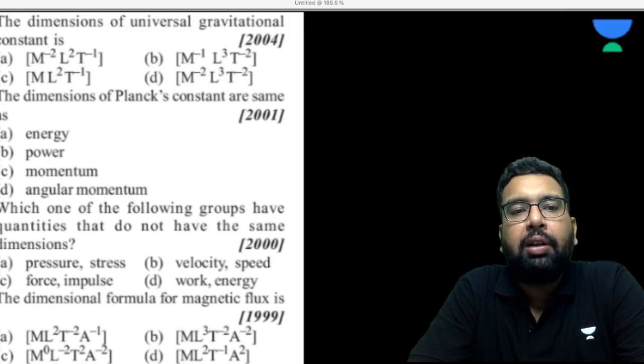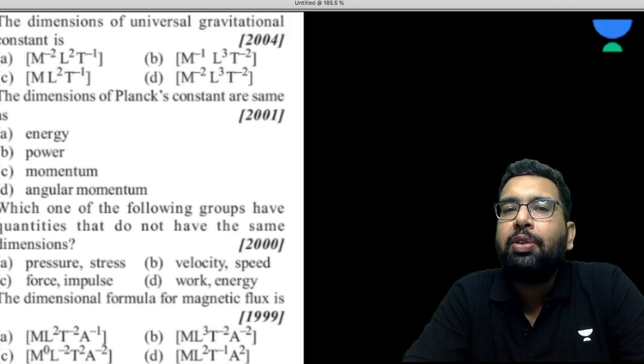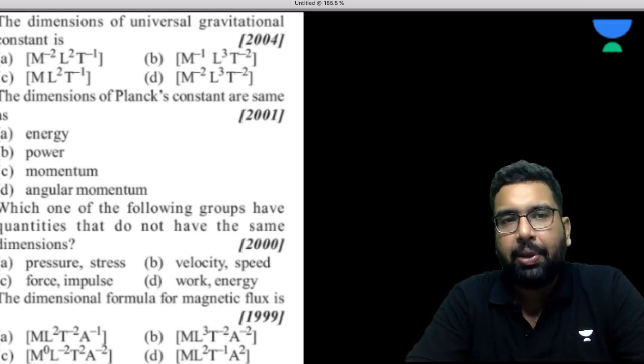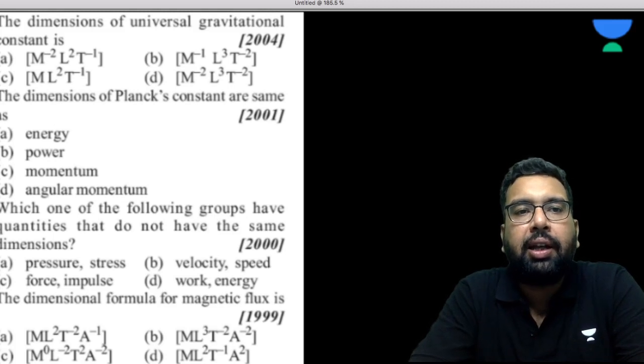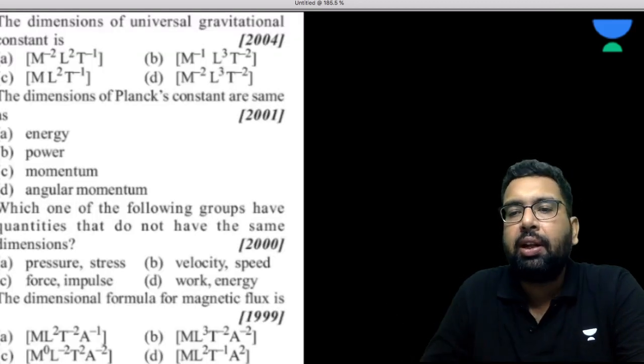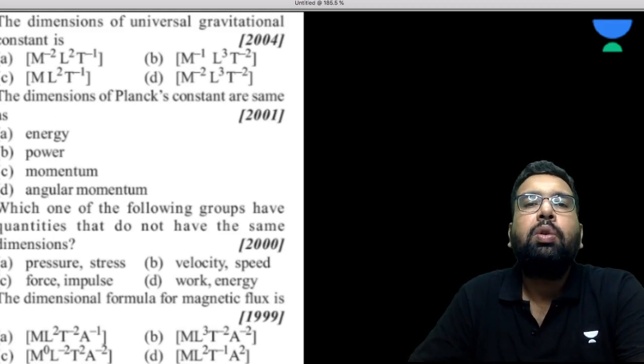So now, I hope that after watching all the sessions we had, you must be finding these questions very easy, very simple. It says the dimension of universal gravitational constant is, so what is the dimension of universal gravitational constant? For that, we must know the formula of universal gravitational constant.